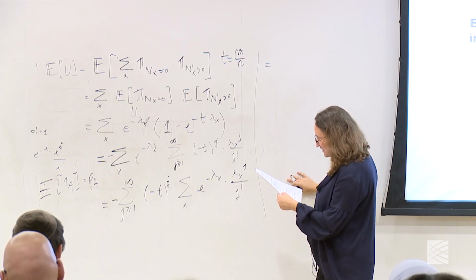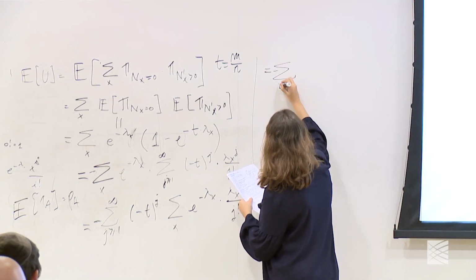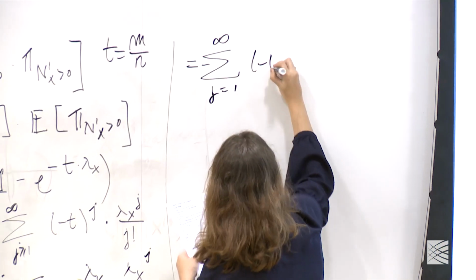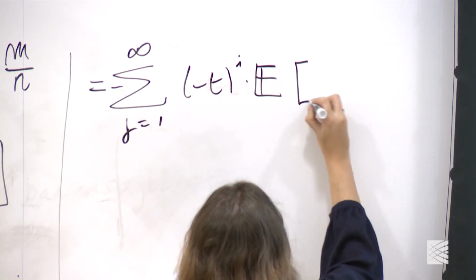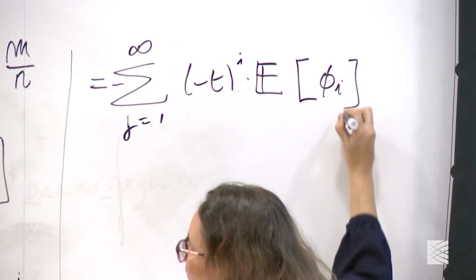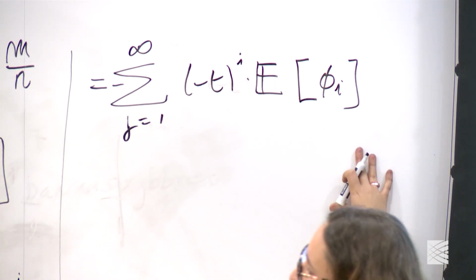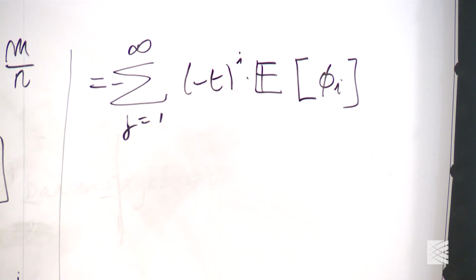Anyways, so actually this is exactly true. It's the estimator we had before. So this is the sum over j equal to 1 to infinity of minus t to the j times the expectation of phi j.